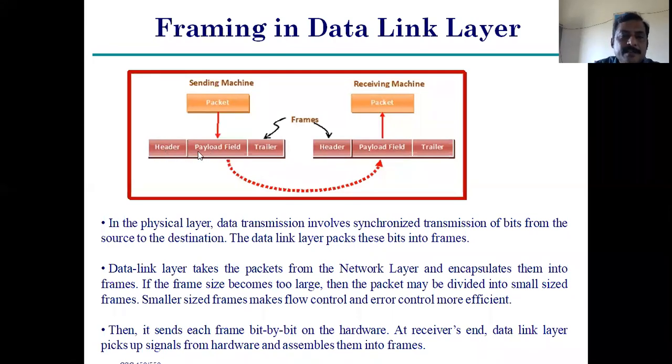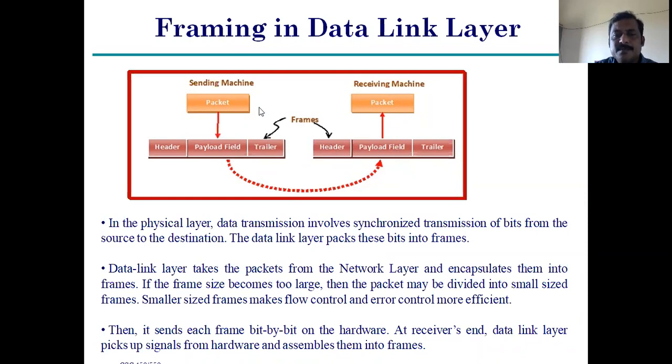So this is the frame structure: frame header and frame trailer. In the middle of the header and trailer, there is a payload field, that is called the data field. This is the information of the sender machine. At the same time, there is a receiver machine, which has the same structure.